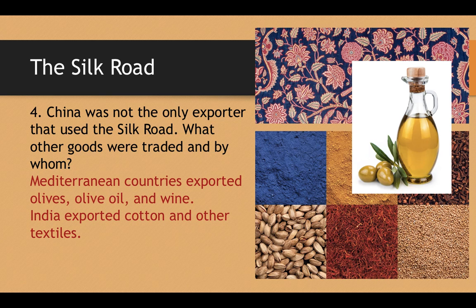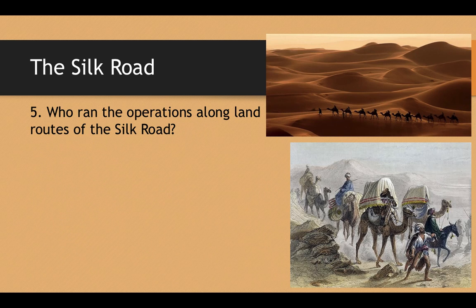And you also had India and other countries in South Asia exporting cotton and other textiles. And Arabia, modern day Saudi Arabia, exported incense and spices, right? So you have all of these different goods going all over the world and really improving people's lives, all right? Because now you can have all of these different things and experience all these things that you didn't get to experience before.